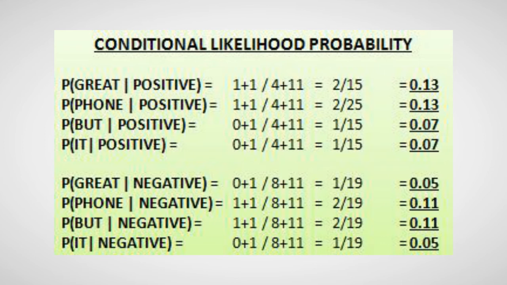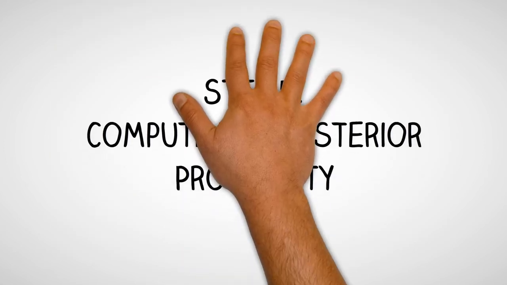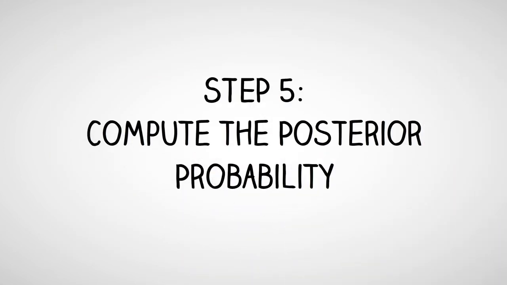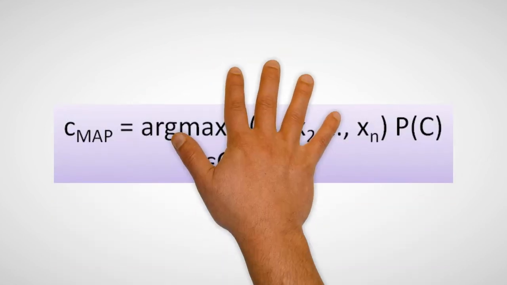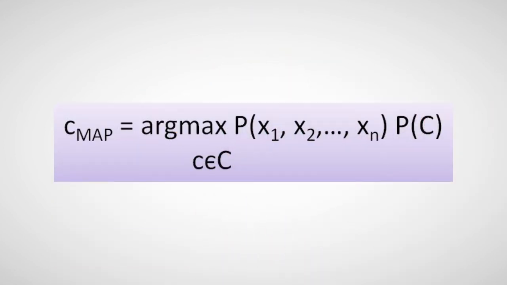Step 5. Compute the posterior probability. Use the Bayes theorem that uses maximum a posteriori, the one that maximizes the prior probability of the class. Multiply for every feature the probability given class, where P of x1 to xn is the multiplication of the conditional probability, the likelihood, for every word attribute of the test set.